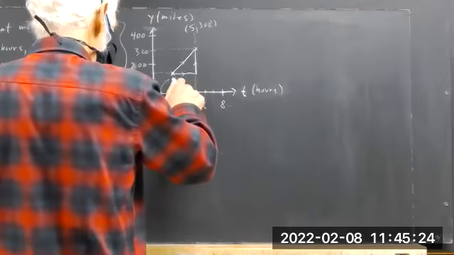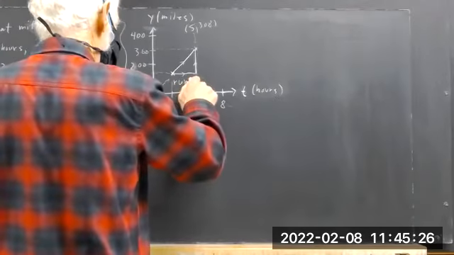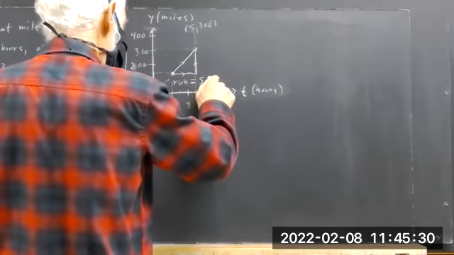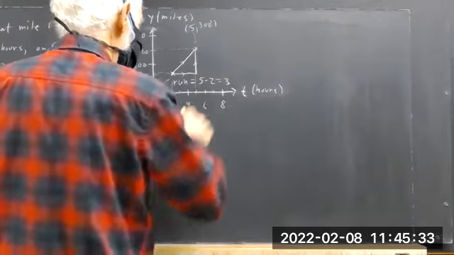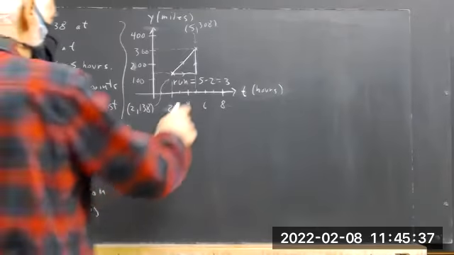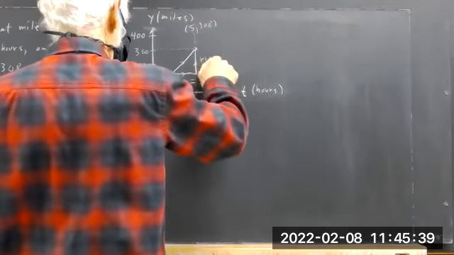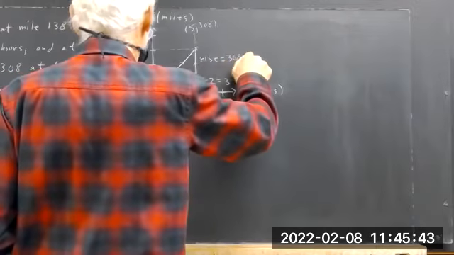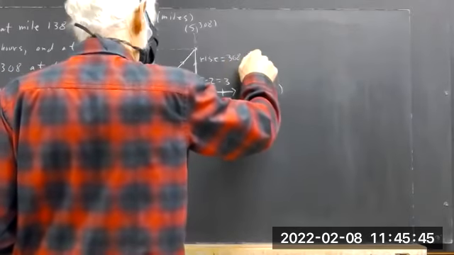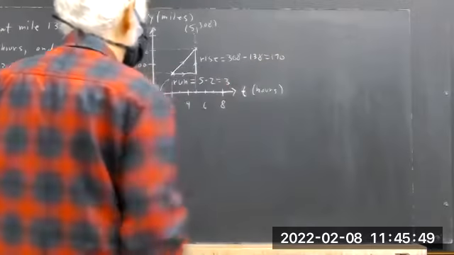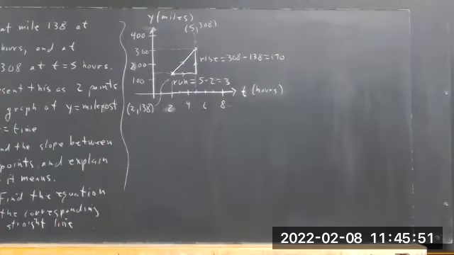Then we can say that the run equals 5 minus 2, which is 3. And the rise is 308 minus 138, which is 170. Okay.